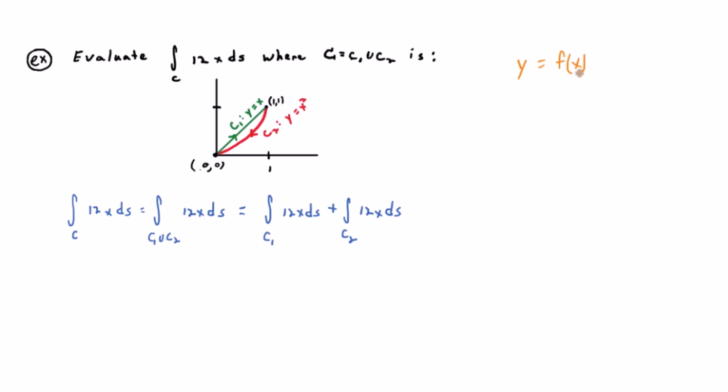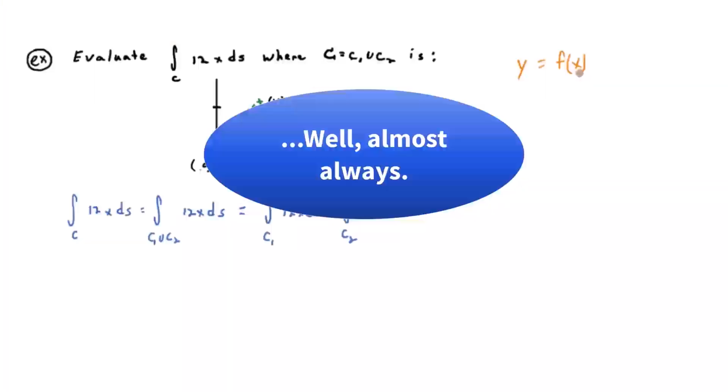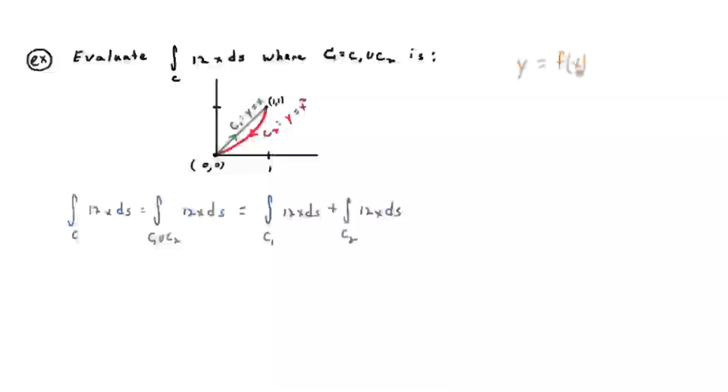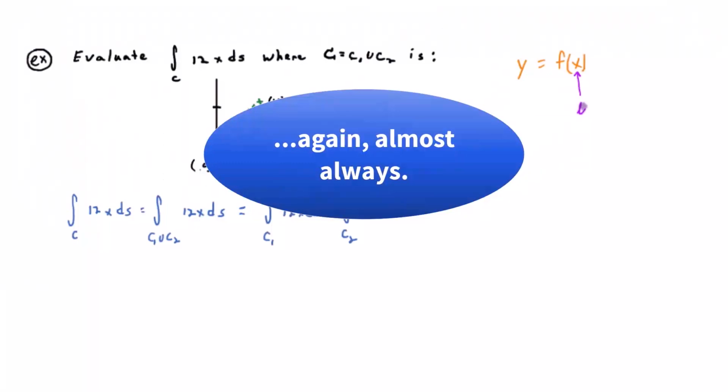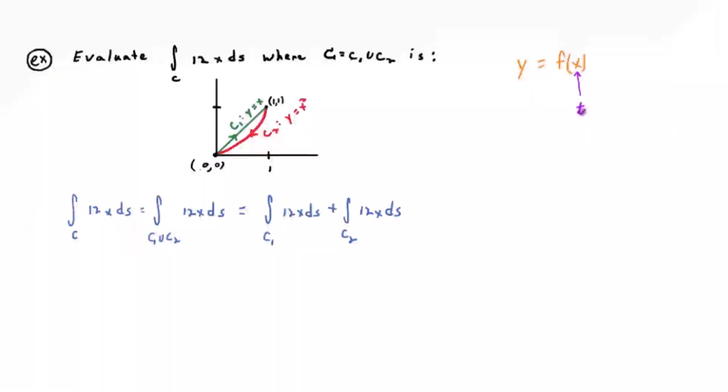To get the parameterization, it's about as easy as you could hope for. You always let x equal, or t, sorry, or whatever you're calling the parameter, usually t. You're going to let that be the input. In this case, which variable represents the input? So when you can define y as a function of x, or even x as a function of y, you're always going to let the parameter be the input variable.